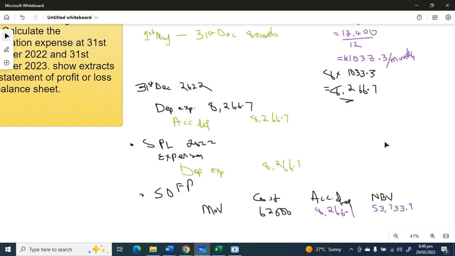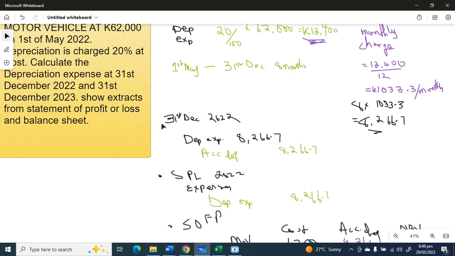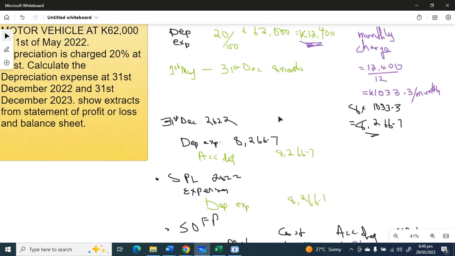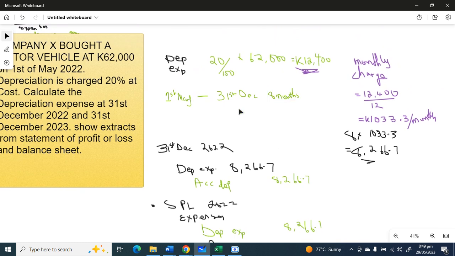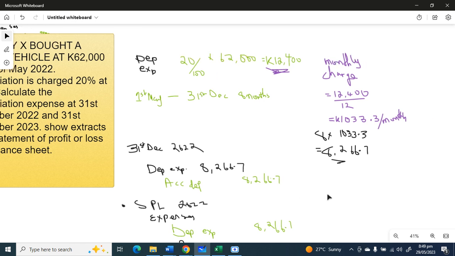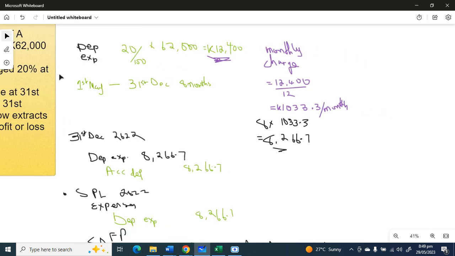All right. So for the next year, December 2023, the depreciation expense is going to be this 12,400, because the whole year has been used up. So for 31st December 2023, this is for year two.